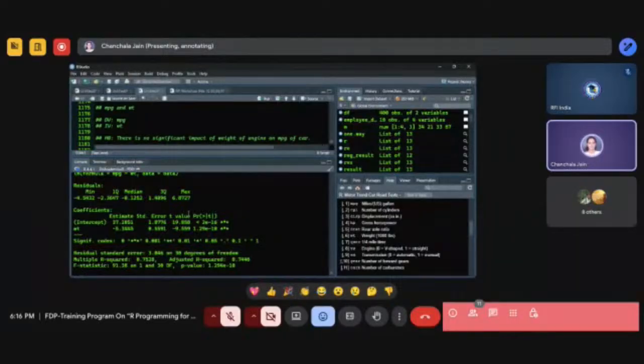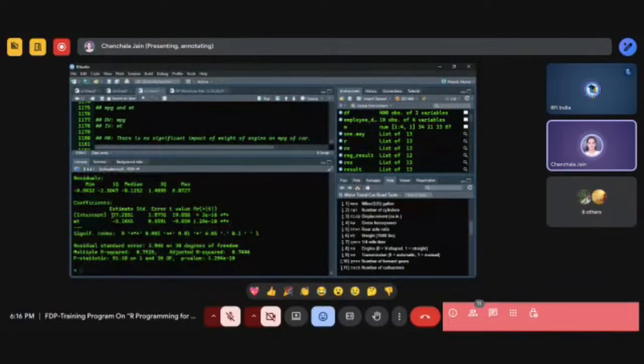Next comes the coefficient table. There you can find the intercept value 37.2851. The weight value is minus 5.3445. This is the standard error column. The next column is the t value column, and this is the p value.